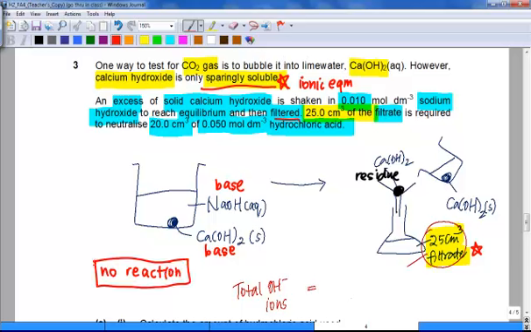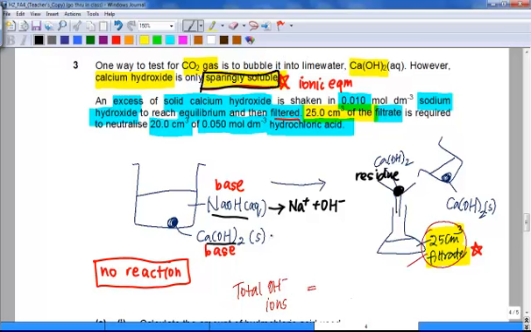I need you to write this down. NaOH is a strong base. It will fully dissociate to give you Na⁺ and OH⁻. For calcium hydroxide, remember the question mentioned sparingly soluble.